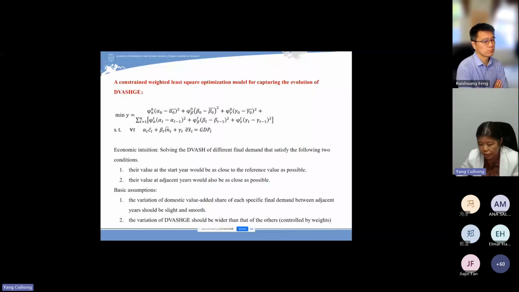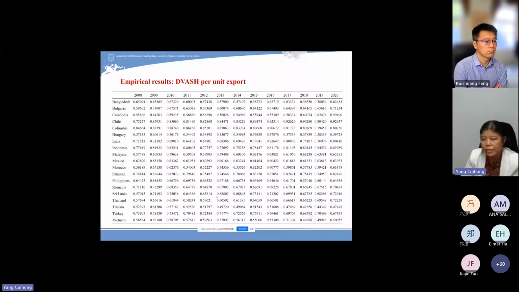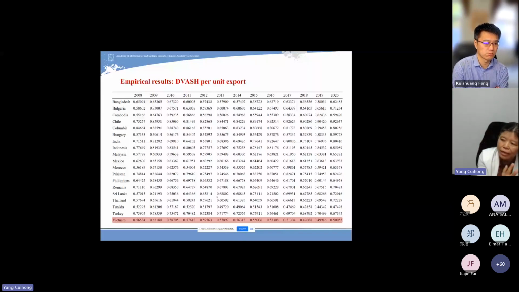We use this kind of data set and the optimization method. Our results are listed as follows. We could see that Vietnam, except for the years 2008 and 2009, which are outlier years because this is the period of the international financial crisis, from 2010 shows a very clear downward trend.